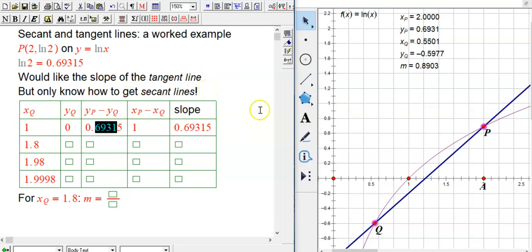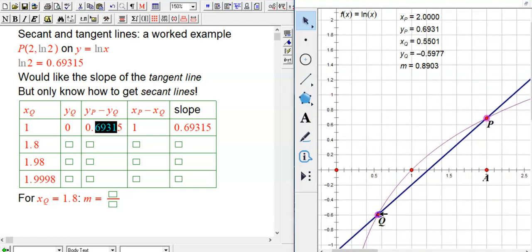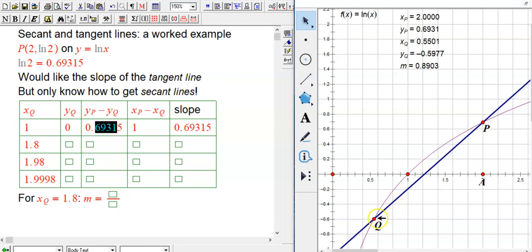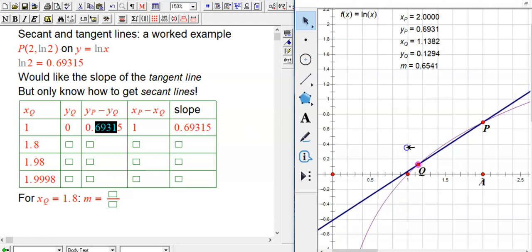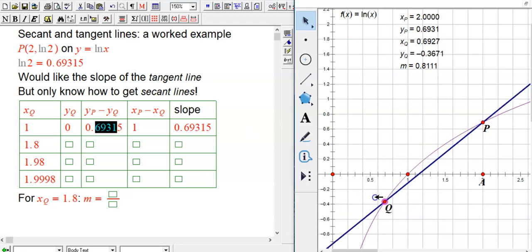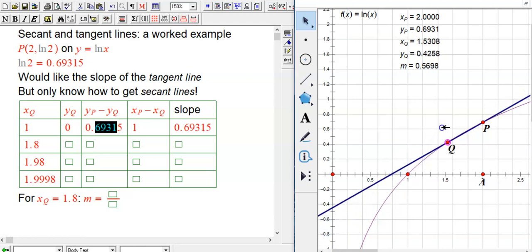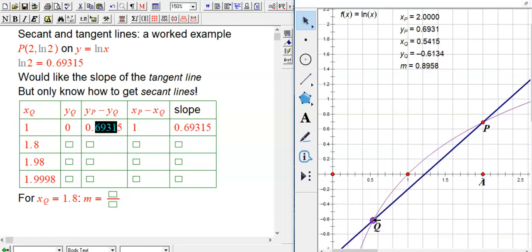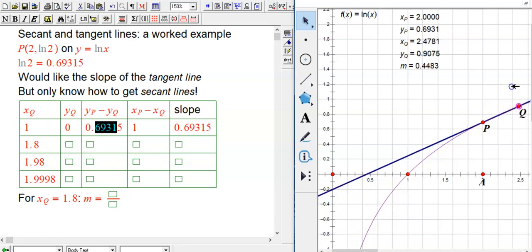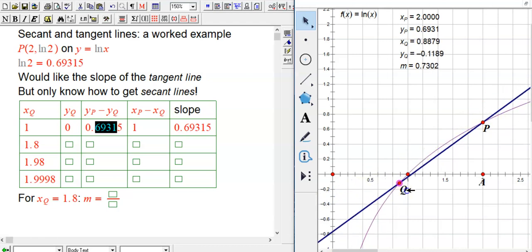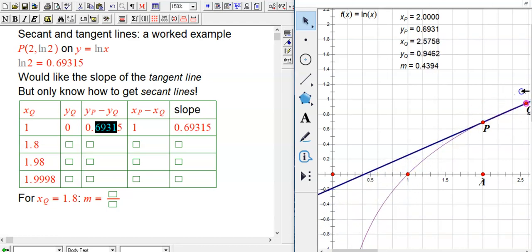And the way we're going to do that, and the official definition, is we're going to sneak up on it. The official way to think about that is called a limit. We're going to look at the slopes of all these possible secant lines where we start from P and go to some other point Q, which can be either to the left or the right. I'll do a bunch to the left and maybe just one to the right.